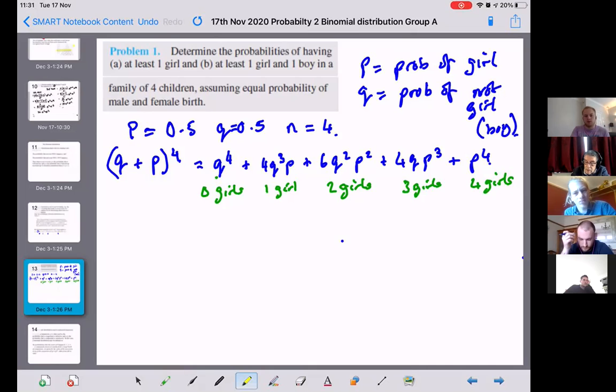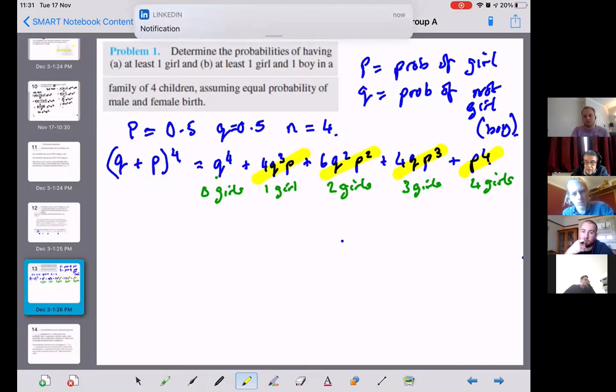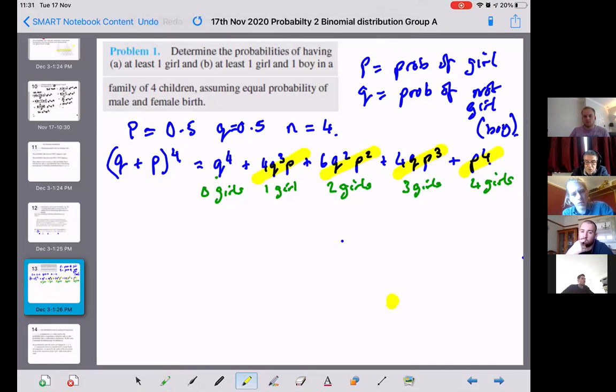Up to 1 girl. So Q to the 4 plus 4 Q cubed P. Well, this one's got 1 girl, hasn't it? So is this. So is this. And so is that. The only one that hasn't got a girl is the Q to the 4 on the end, which is 0 girls.